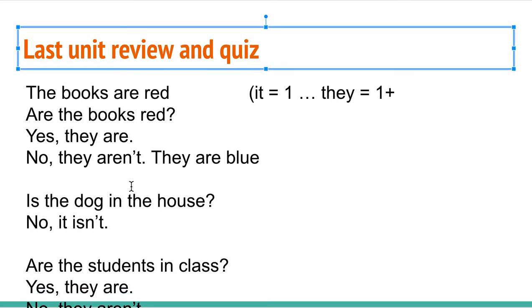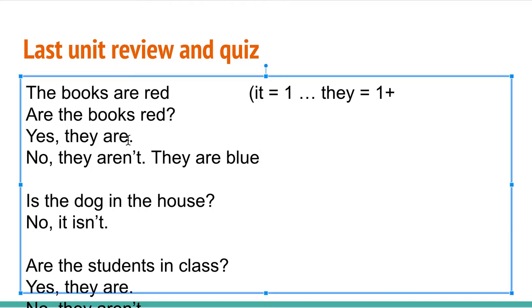Just to make it clear, I'm asking if the books are red, right? And we don't add red to the color of the books, right? We don't add red. Okay.